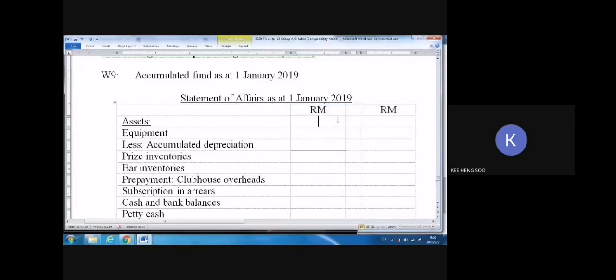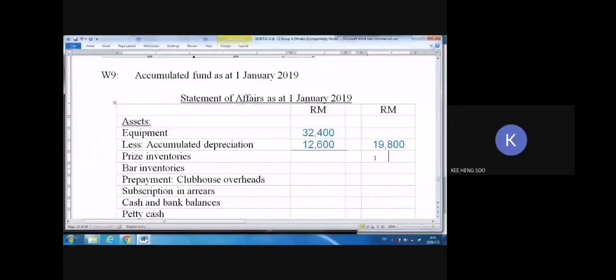So what you need to do is net off all the assets. For example, equipment, you got 32,400. Then you minus 1,600. I net it off first, so I can get 19,800.